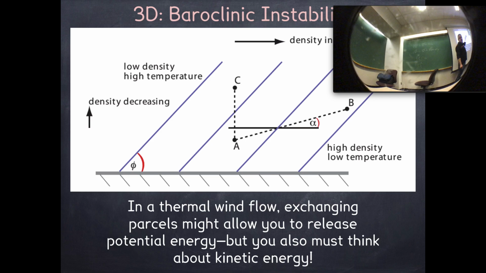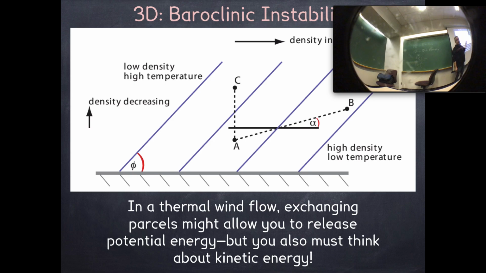That's a really stupid question, but which one is at a higher Z? B, right? So potentially I could get potential energy out if I could figure out a way to swap B for A, because I would be taking something heavy and lowering it in Z.